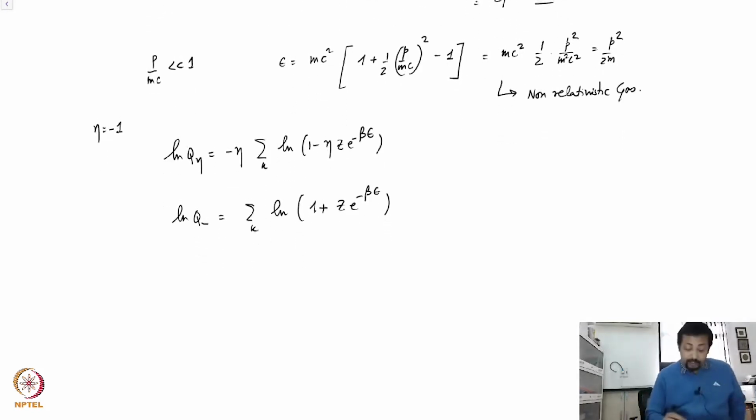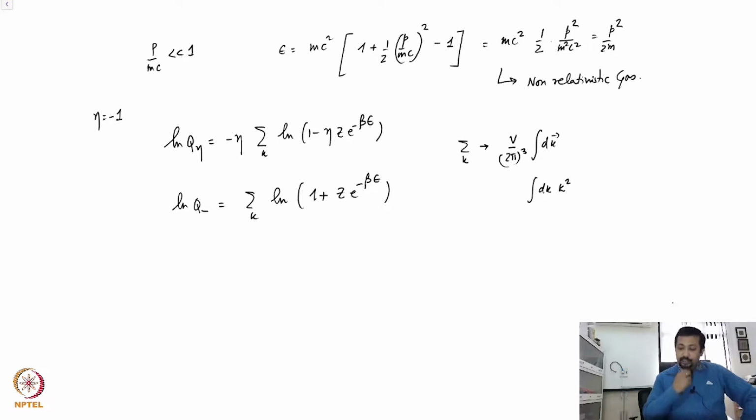We want to convert this sum into an integral over the energies, so that we know that sum over k will go as V over (2 pi) cube integral of dk. And this integral, again, in 3 dimensions, is going to have k square. We will look at 3D system only.